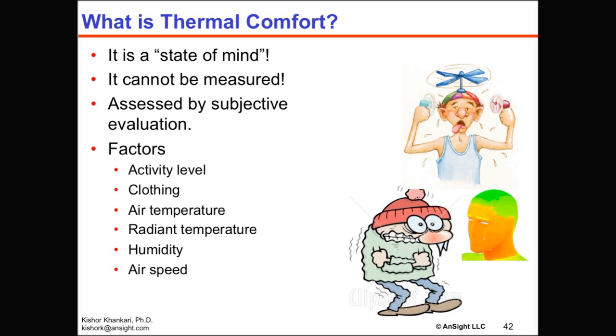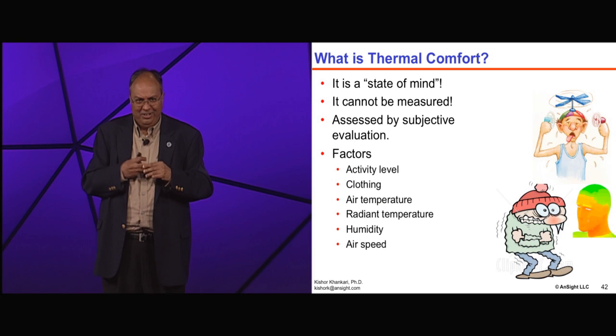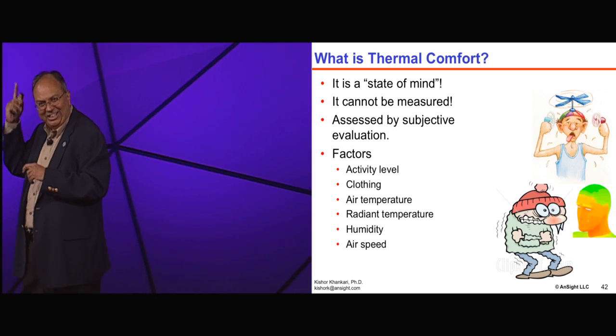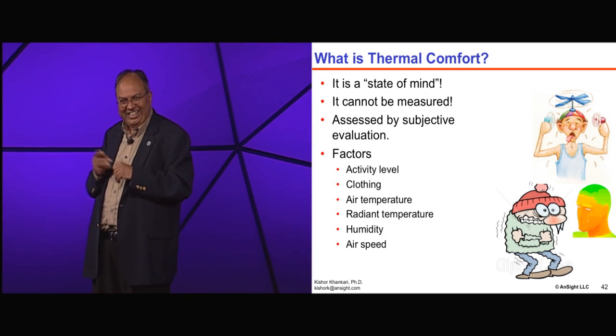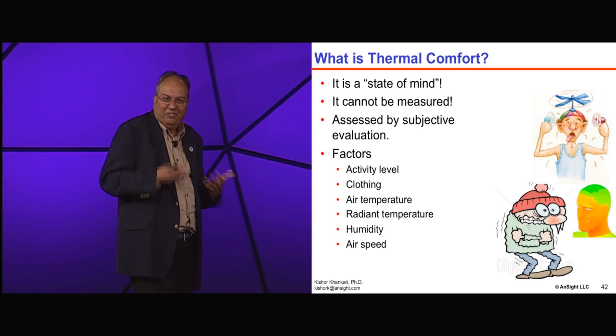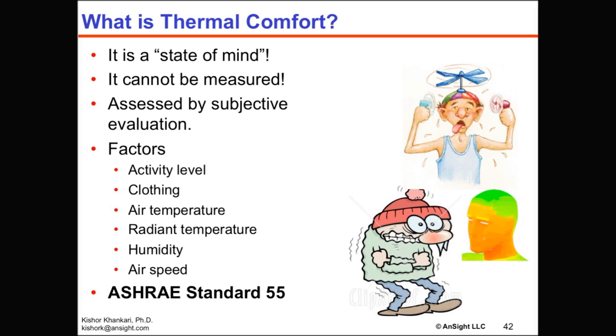If it's too humid, you feel uncomfortable. And of course, the airspeed. You know, people put in ceiling fans. The ceiling fan is not a cooler. It's just the air movement, the sense of cool you get with higher airspeeds. Well, ASHRAE Standard 55. How many of you know that?